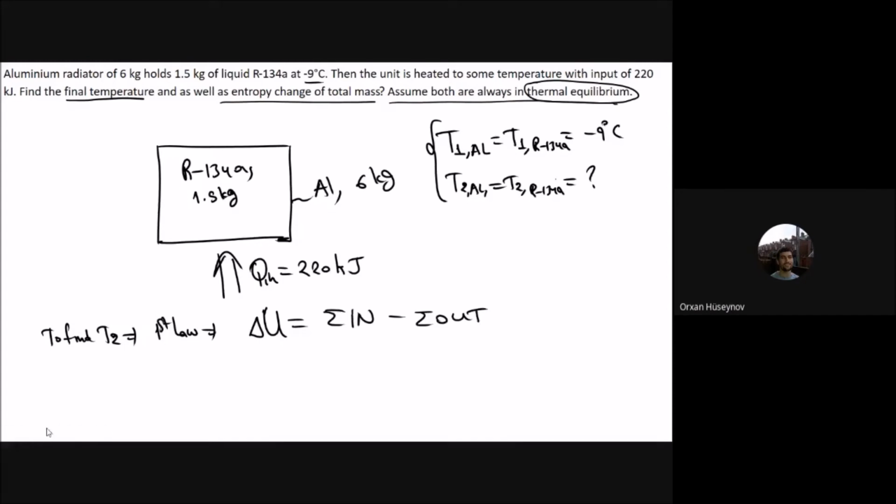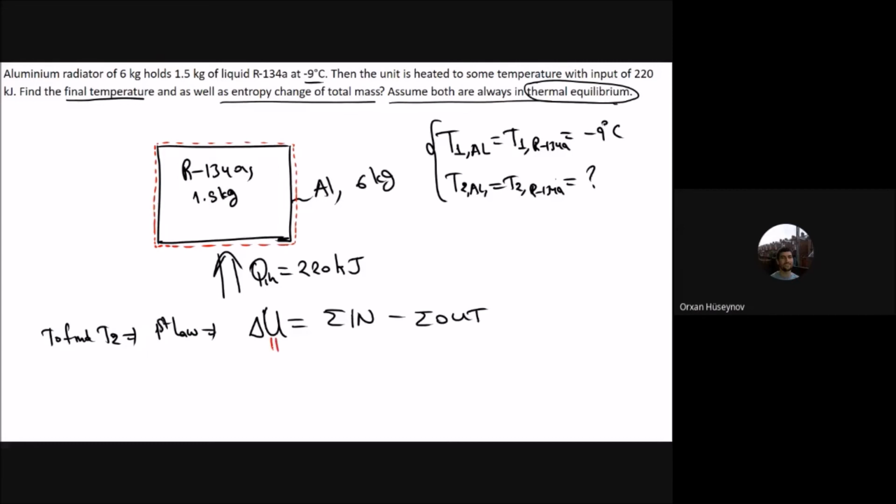To find the change of internal energy of the system, I will first select my system. My system will include the radiator, the aluminum, and the refrigerant.